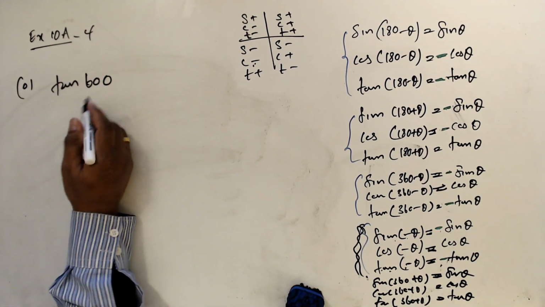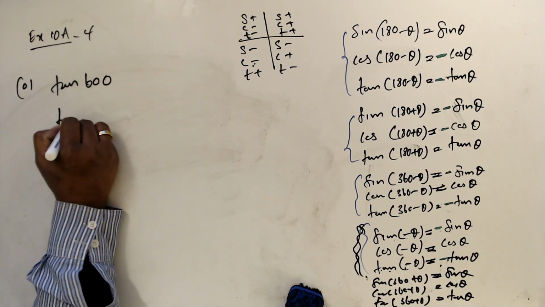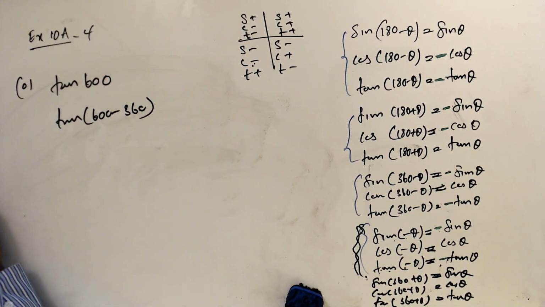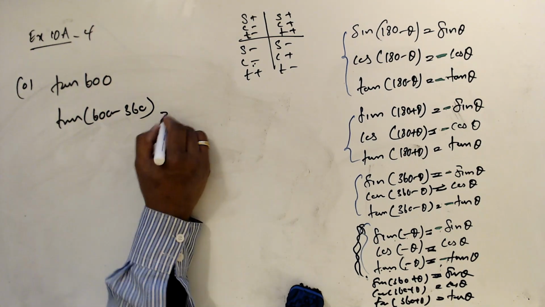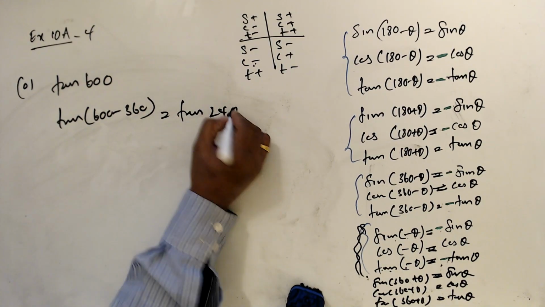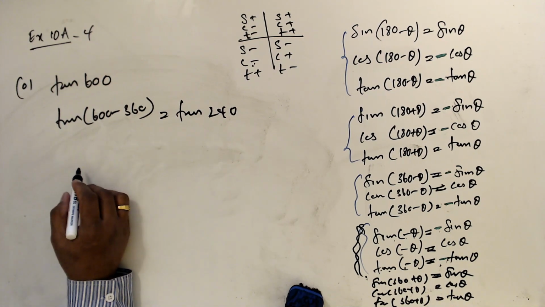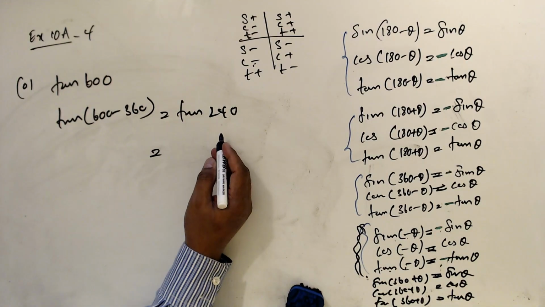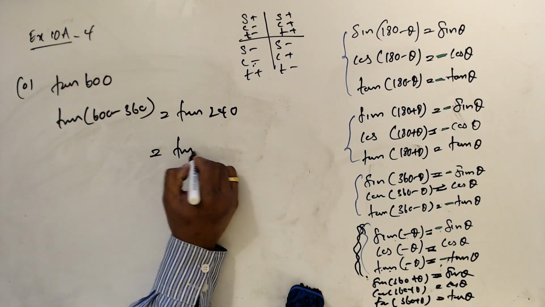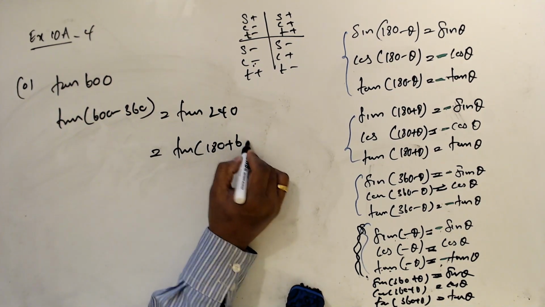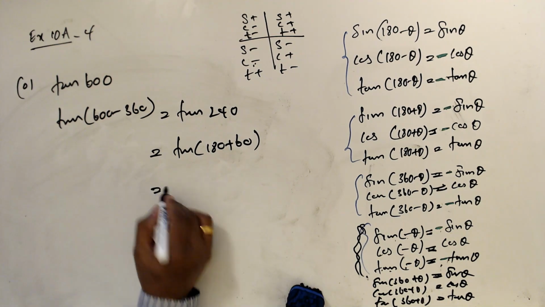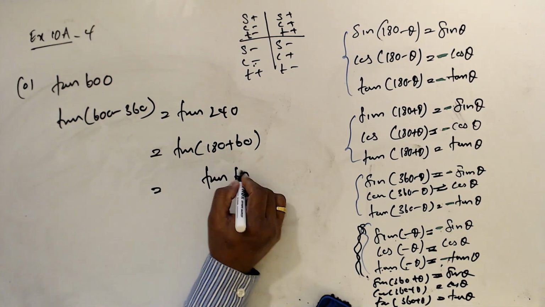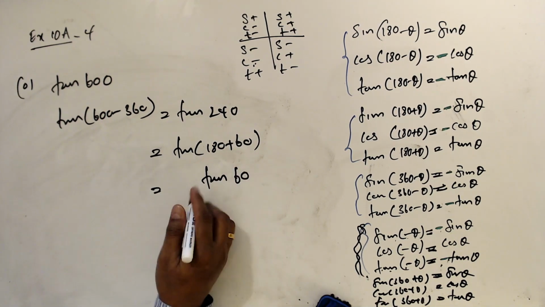Tan 600. This is more than 360, so I'll take 360 out. So that is tan 240. Tan 240 I can write in terms of 180 plus 60, so I can write tan 60 as it is. But now I need the sign.